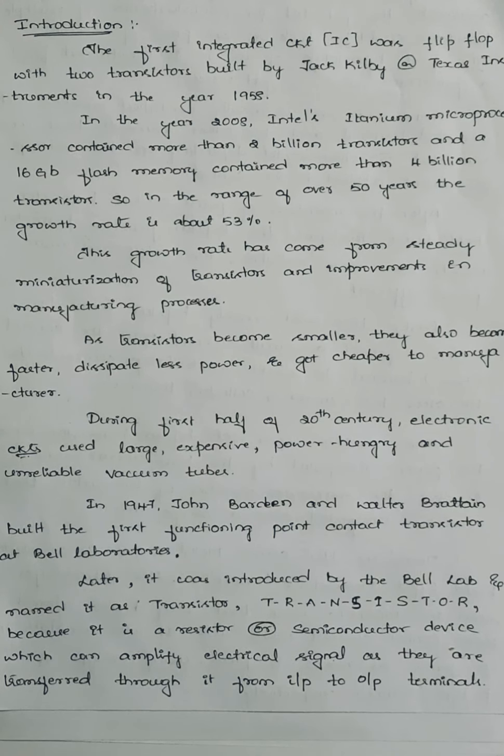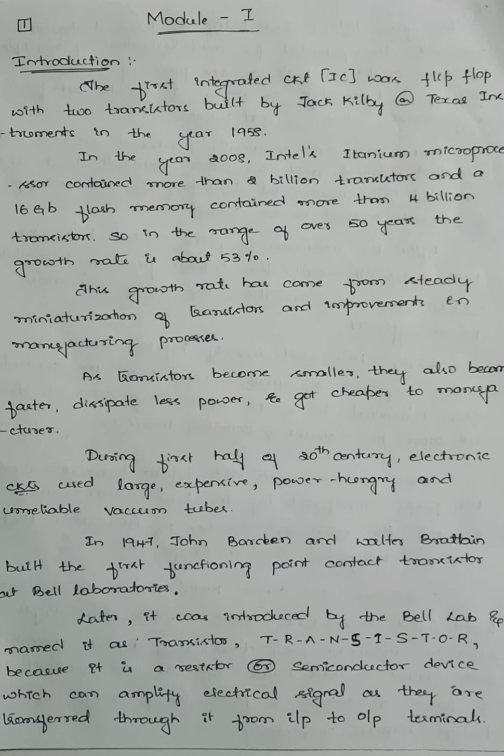So over a range of more than 50 years, the growth rate was about 53%. This growth rate has come from steady miniaturization of transistors and improvements in manufacturing processes. As transistors become smaller, they also become faster, dissipate less power, and get cheaper to manufacture.